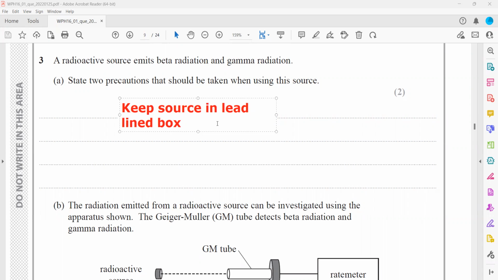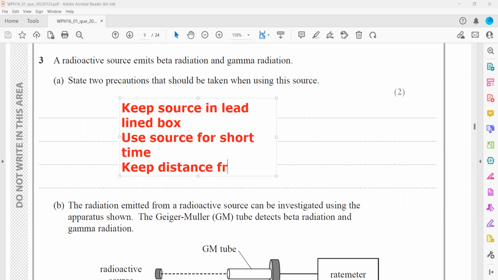So we should keep the source in a lead-lined box, use the source for a short time, and keep a distance from the source or use long forceps to handle the source.